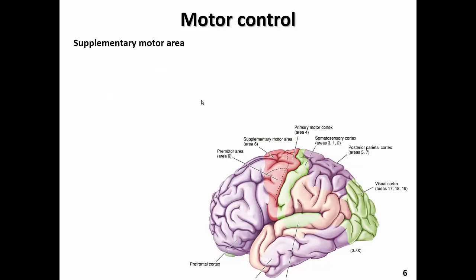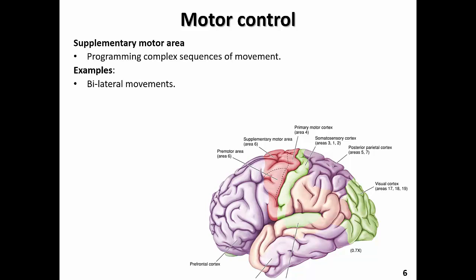In terms of the supplementary motor area, the supplementary motor areas are involved in the programming of complex sequences of movement through a very coordinated sequential activation of muscles. Some examples of the importance of the supplementary motor area involve bilateral movements and movements that involve proximal muscles.